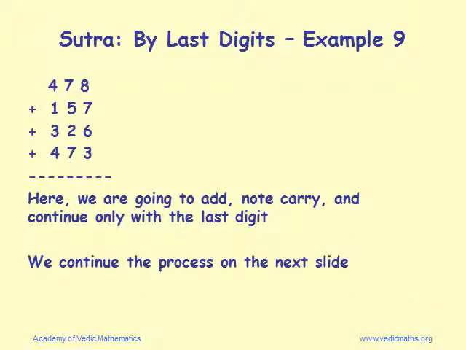Here we are going to add and note the carry. As soon as we get a carry, we note that and continue only with the last digits. So mental addition is going on with the last digit only. And we will continue the process on the next slide.